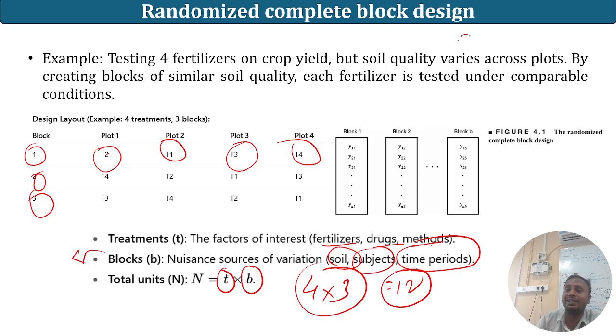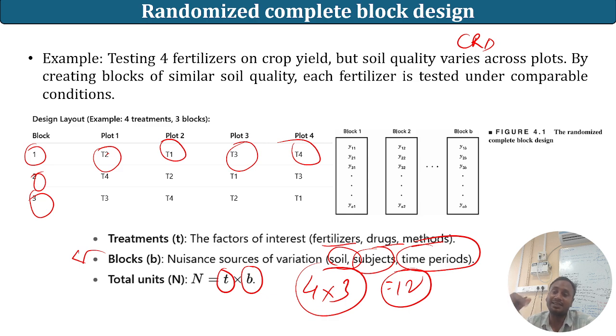CRD is a completely randomized design. In that, we are not going to do the blocking. We take the raw data as it is and do not talk about blocking.